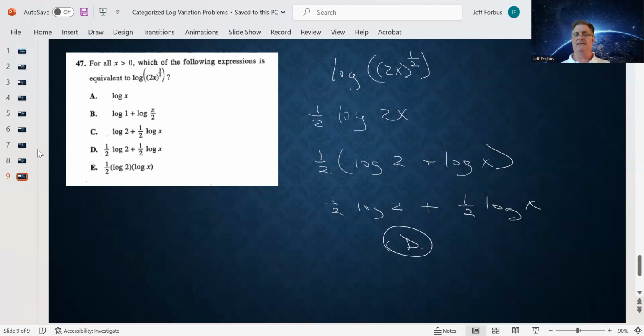Now, with that in mind, I hope this has been helpful to you. These are some of the ways that the ACT has created log questions on the math exam. And they don't show up all that often, but occasionally they do.